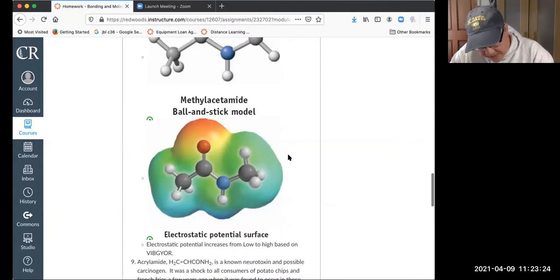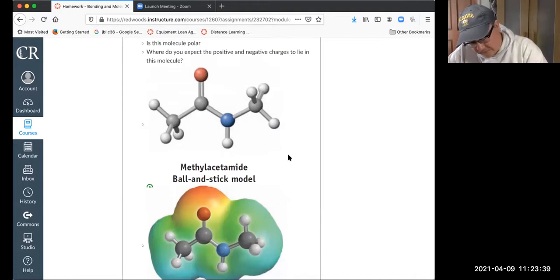So for number 8, if we look at the drawing, this is the ball and stick model that I'm drawing now.